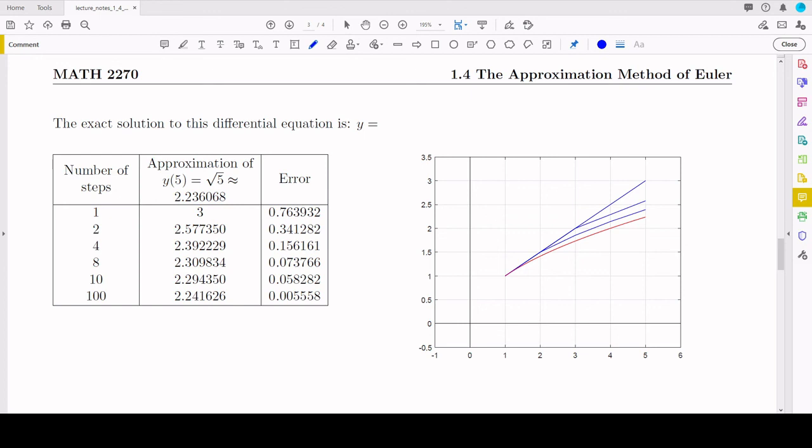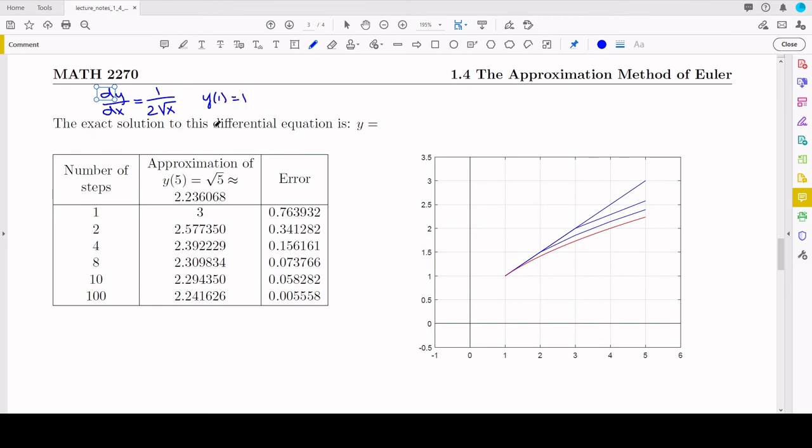So now let's investigate how good or how bad those approximations are from the previous page. The differential equation that we were looking at was dy/dx equals 1 over 2 times the square root of x, and the initial condition was y of 1 equals 1.